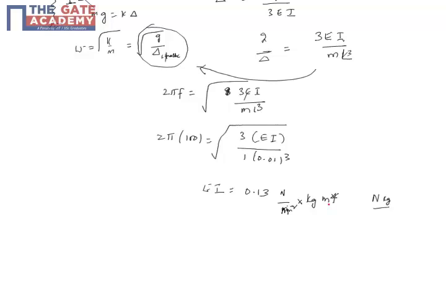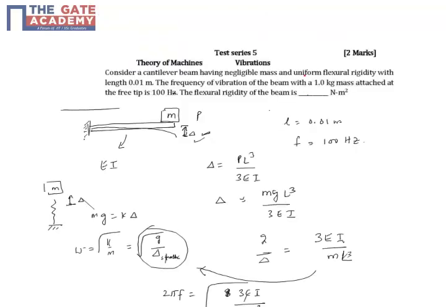But remember that this is not mass moment of inertia, this is area moment of inertia, so it's m power 4. So Newton meter square is your unit. Remember, that's area moment of inertia, because in beams the cross section is dictated by I. So it's 0.13 roughly. 0.13 is the answer. Thank you.